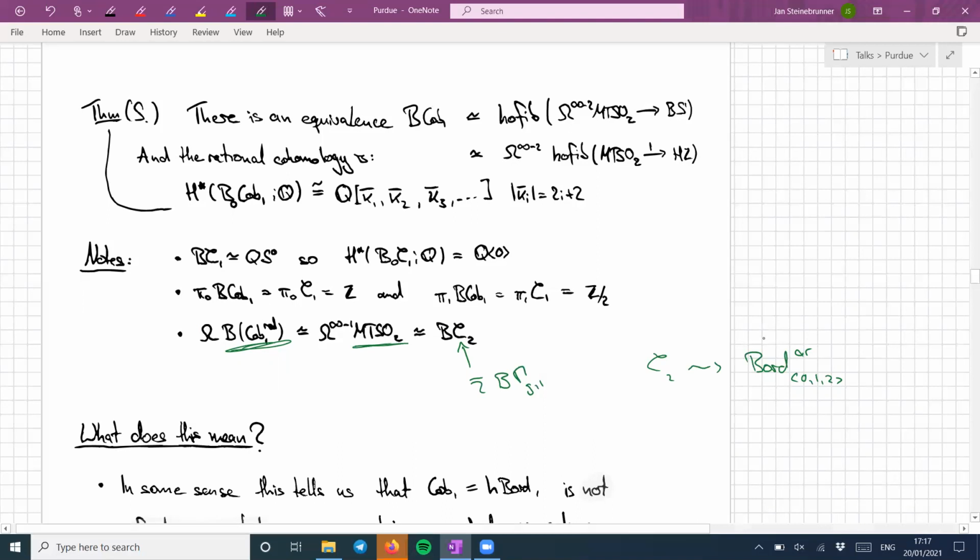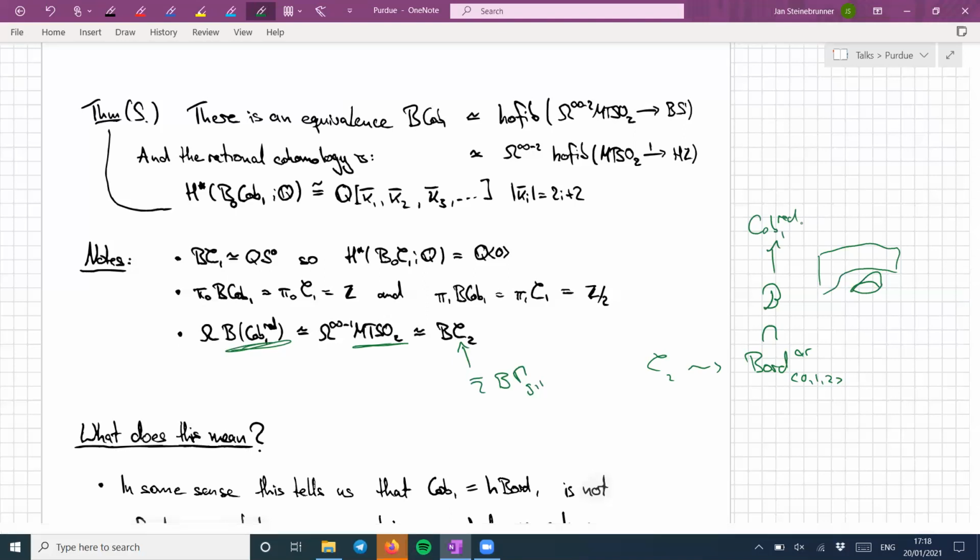And in here there is a subcategory where you only allow very few two-morphisms, only disks and intervals, and that then projects down to COP1 reduced. So there's this weird zigzag.